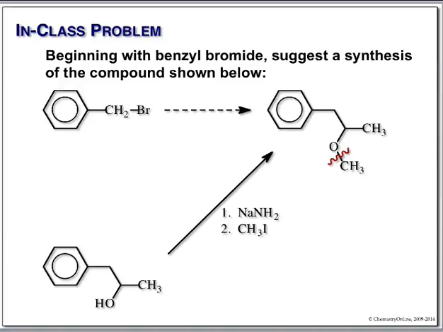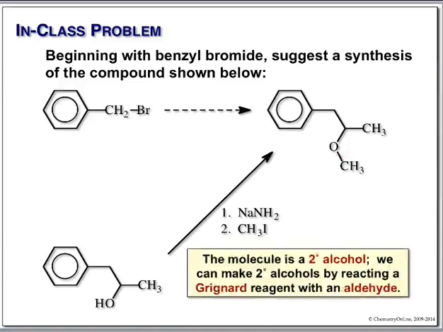Think back to last chapter. How many ways do I know to make secondary alcohols? The simplest is an aldehyde and a Grignard, isn't it? Grignard reagent and an aldehyde.